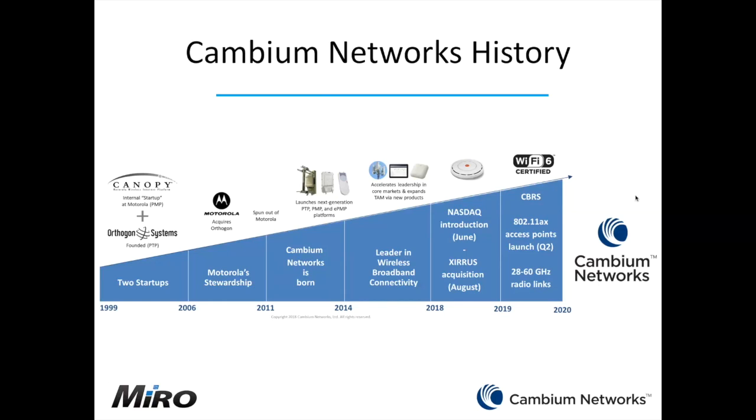Motorola used to do outdoor wireless equipment, and then they unmerged from Motorola to create Cambium Networks to focus specifically on outdoor wireless equipment, launching their next generation PTP, PMP, and ePMP platforms. So in about 2011, Cambium Networks was born.